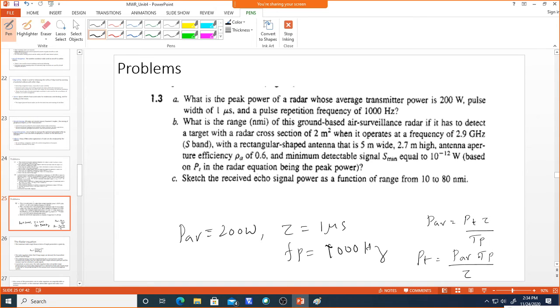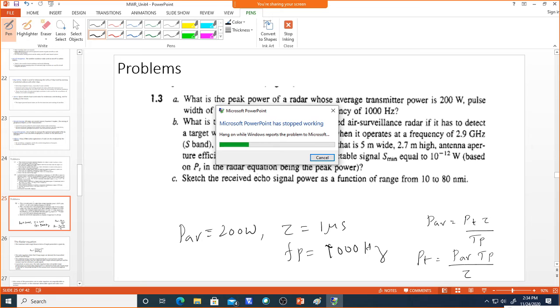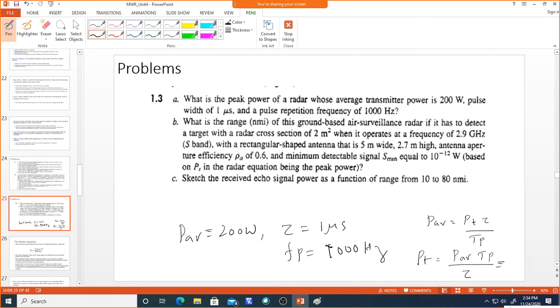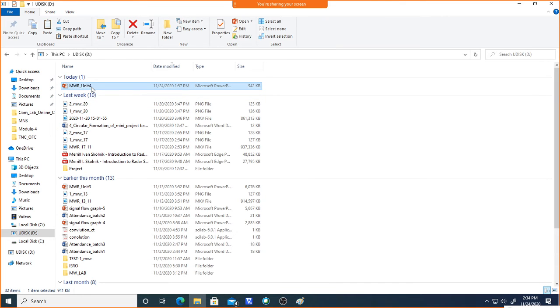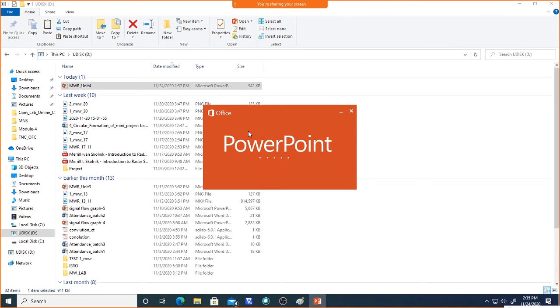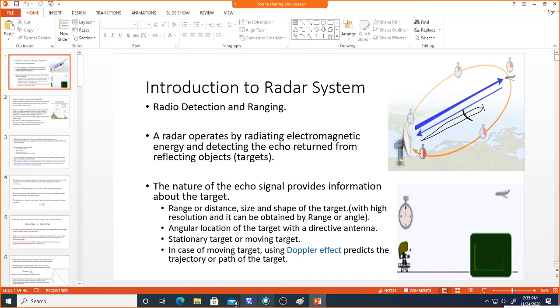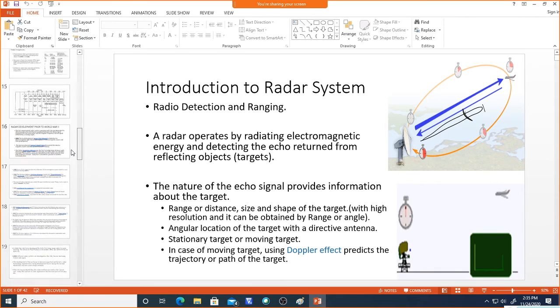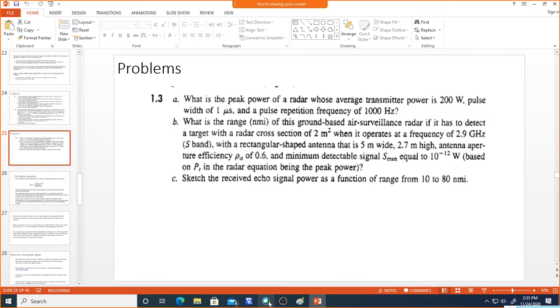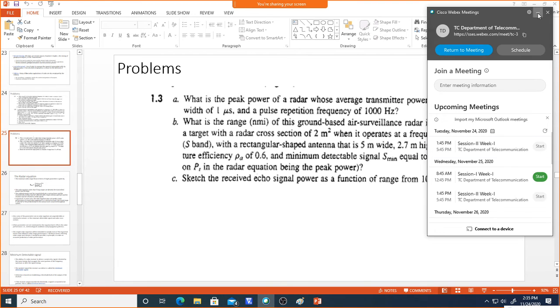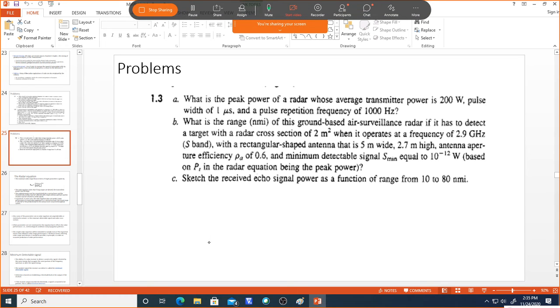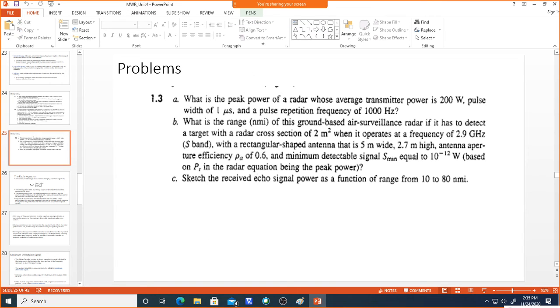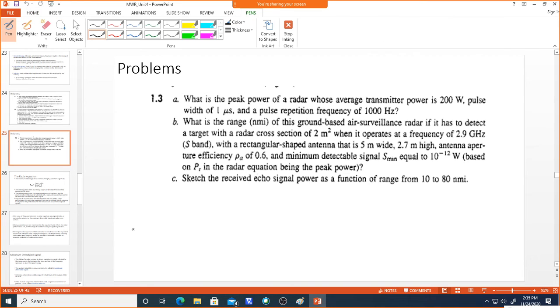How much is it coming? 200 kilowatt. So transmitter power is 200 kilowatt.